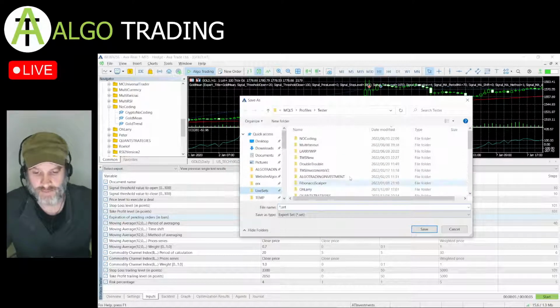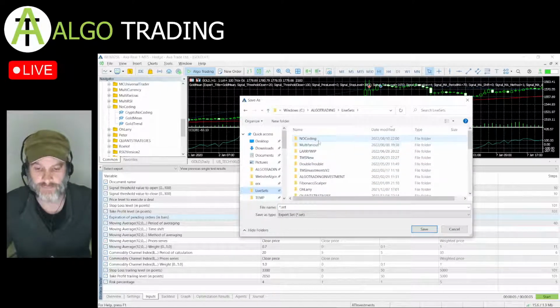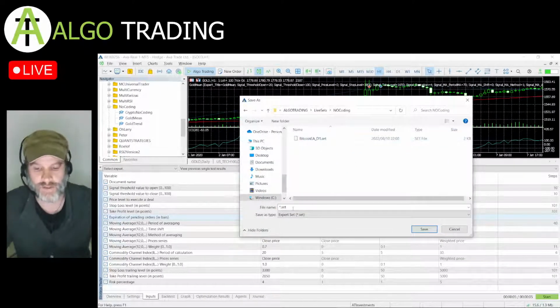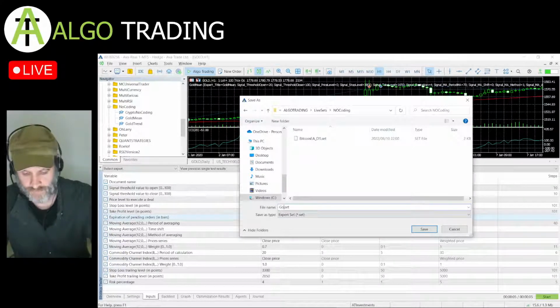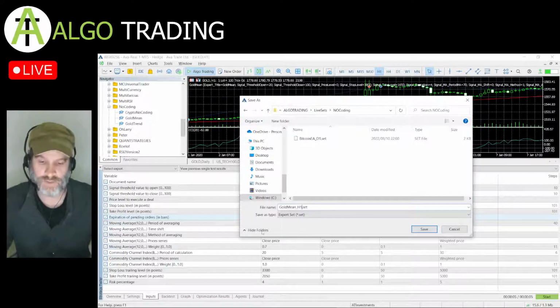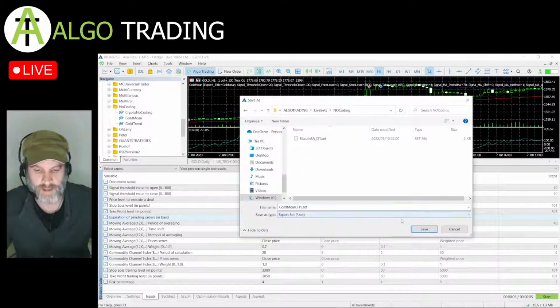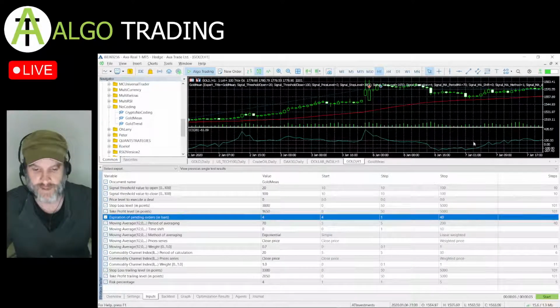I've got a folder here called no coding. Save it anywhere you want on your computer. This is called gold mean underscore H1. Always put the time frame in so you know which time frame you're dealing with before you add it to a chart. We're going to save that.